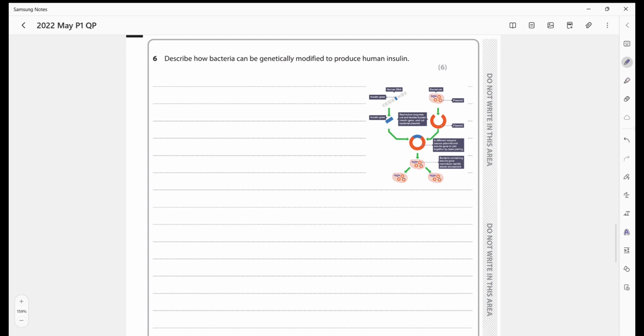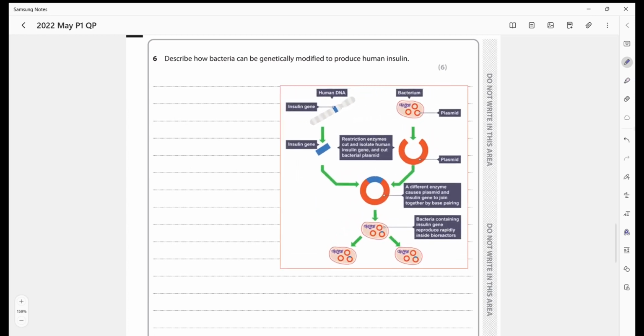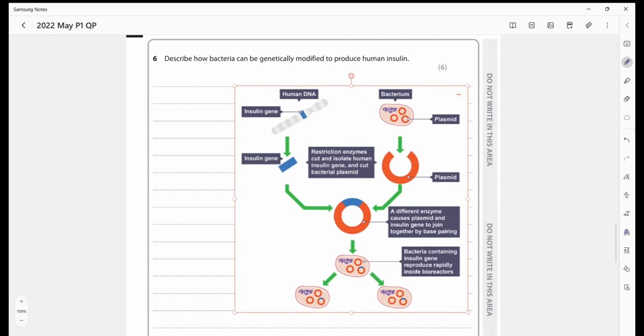All right, question 6. Describe how bacteria can be genetically modified to produce human insulin. So I've included a diagram here so we can have a better idea of what's happening. In order to genetically modify bacteria, we need to use a plasmid. A plasmid is a small loop of DNA that bacteria have, and it allows bacteria to share genes with each other.